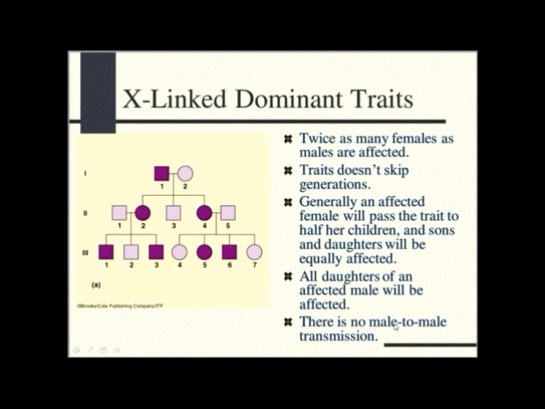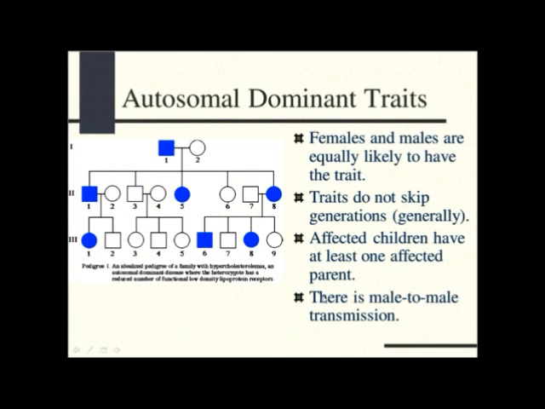So that doesn't really fit with ours, because remember, some of the females weren't affected even though the dads were affected. Not all of the daughters of affected males were affected, so we know it's not X-linked dominant.